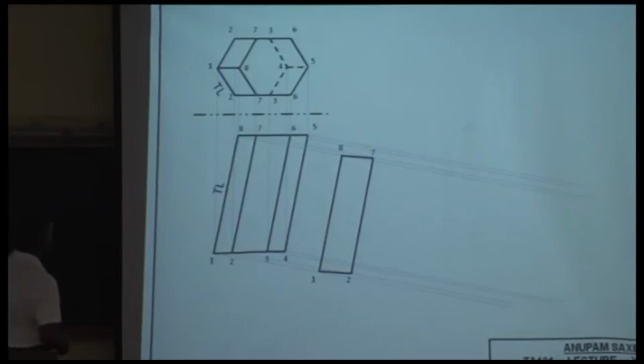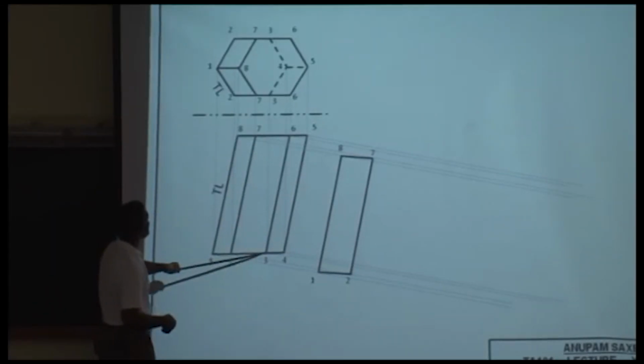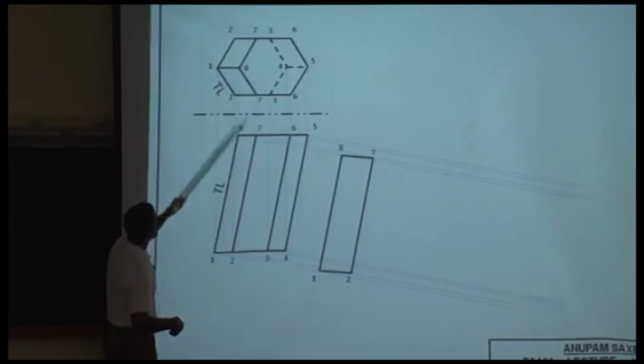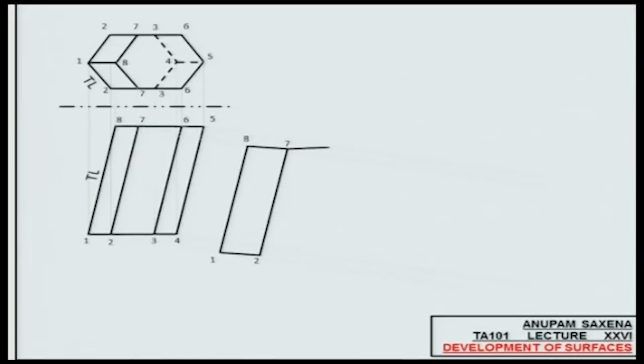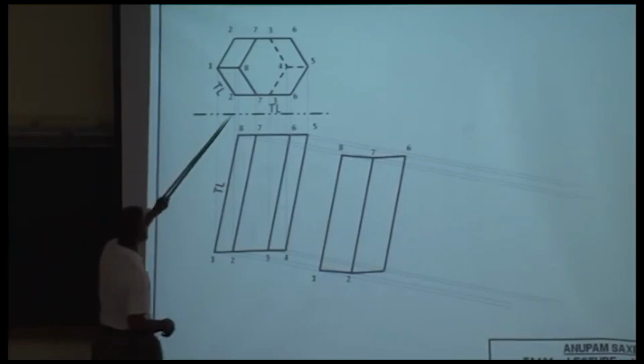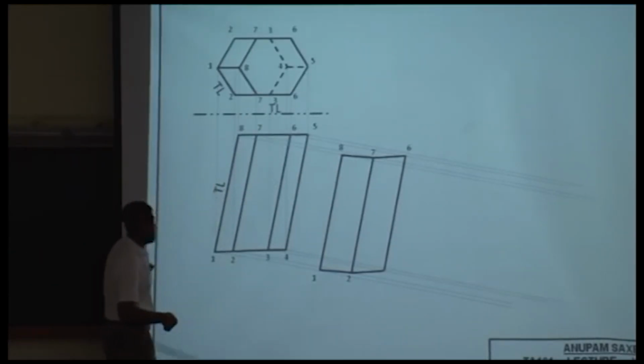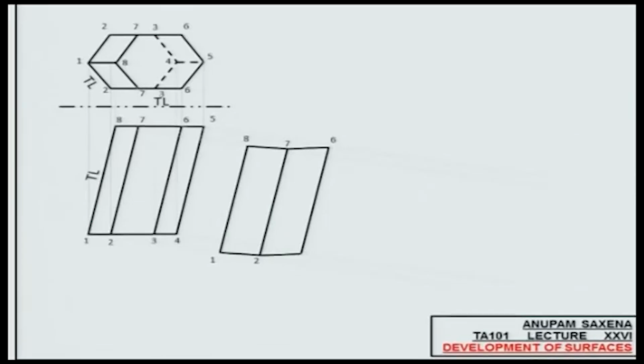2 is connected to what? 3. Okay, 2, 3, and 7 is connected to what? 6. All right, so you can figure the true lengths of 7, 6 and 2, 3. Okay, keep going forward because 6, 7 is going to be in true length, both the projections are horizontal, and so on.